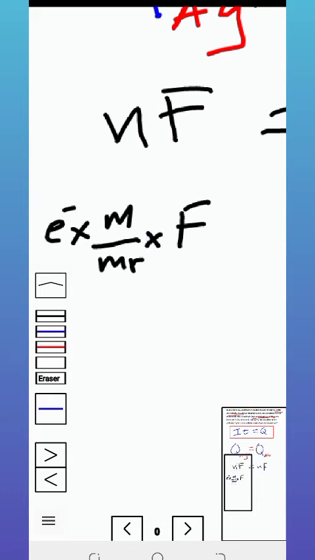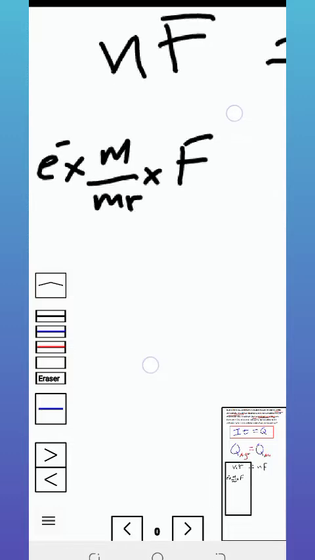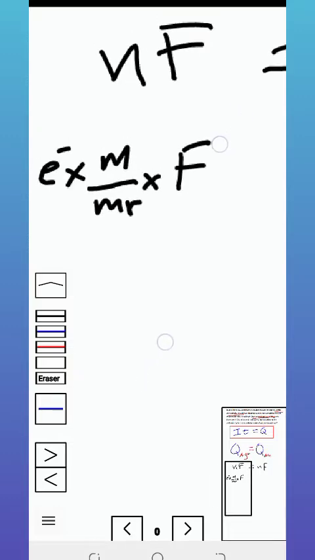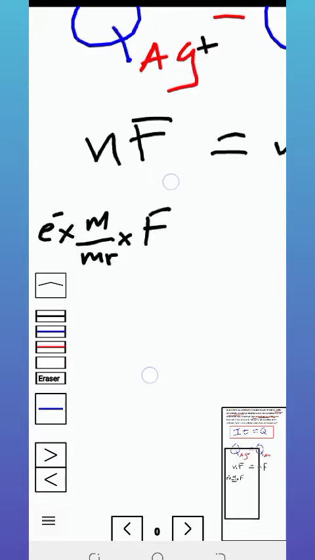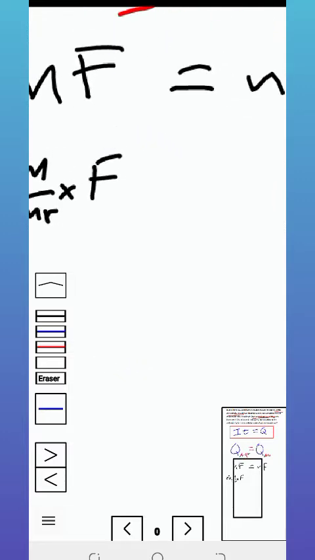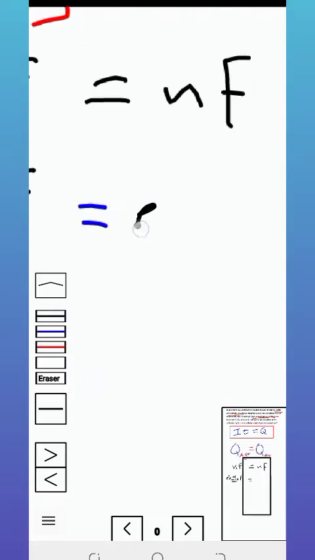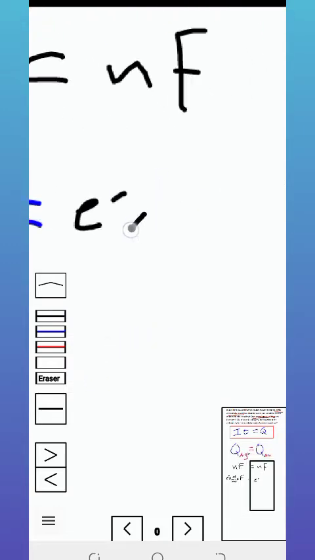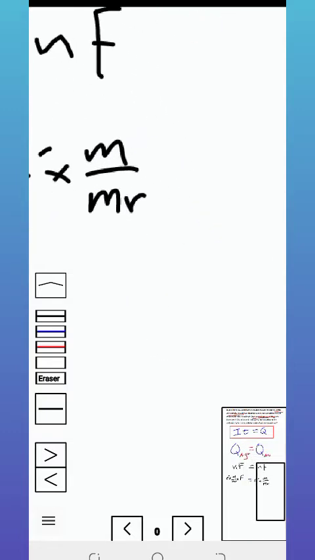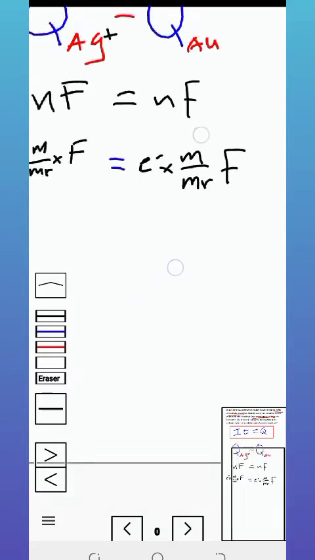The number of electrons can be found by multiplying the number of electrons in the equation, the stoichiometric ratio, by mass over molar mass of the Ag. The same thing applies on the other side: E multiplied by the mass divided by the molar mass multiplied by Faraday's constant.